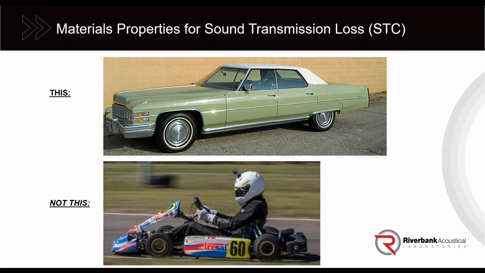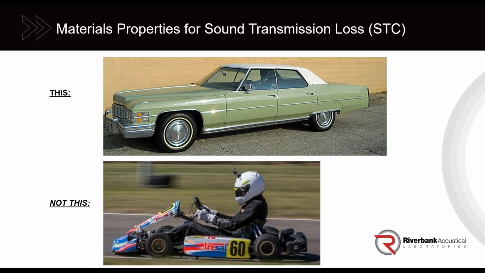A good example, this is from a slide I gave to a drywall installers trade association. When you're thinking about wall systems or doors or windows for sound transmission loss, for STC, you want your system to be more like the 1970s Cadillac, which was heavy, floating, and airtight.